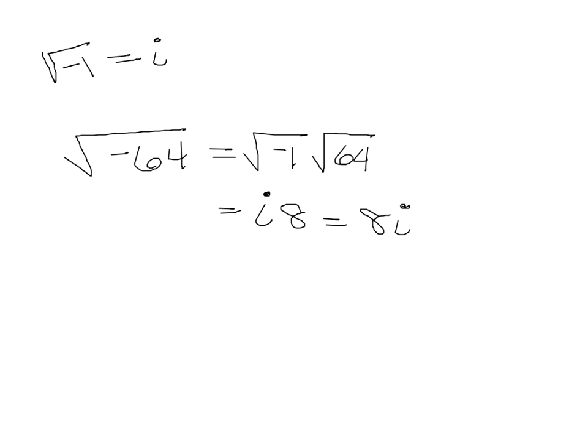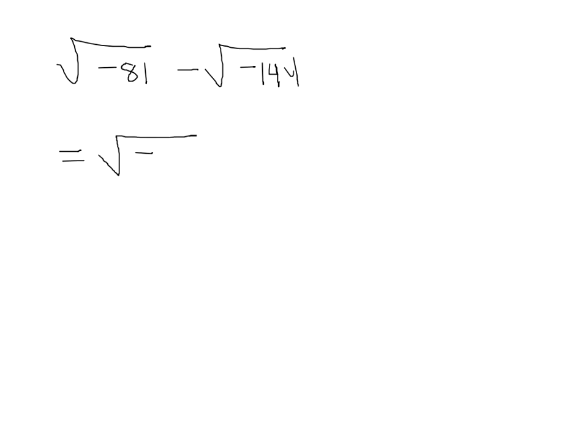If I had something like the square root of -81 minus the square root of -144, the first thing is going to become the square root of -1 times the square root of 81 minus the square root of -1 times the square root of 144.